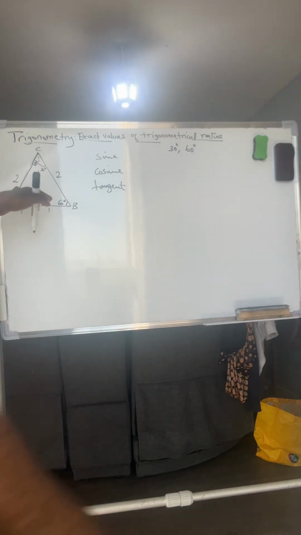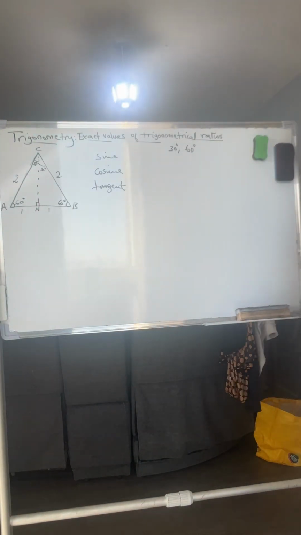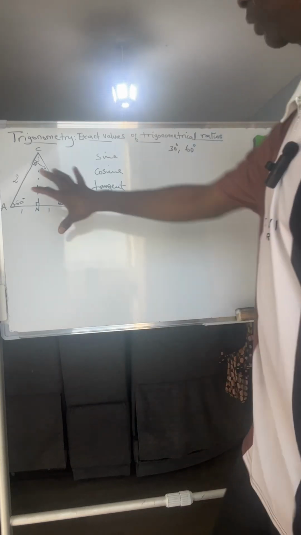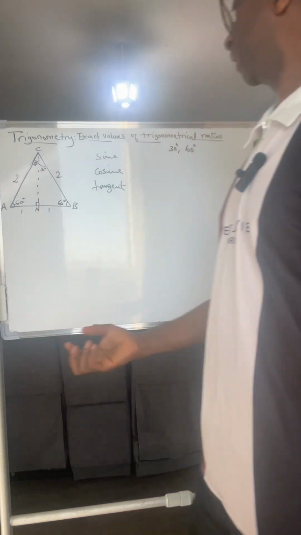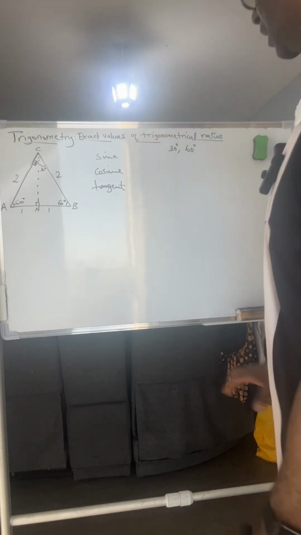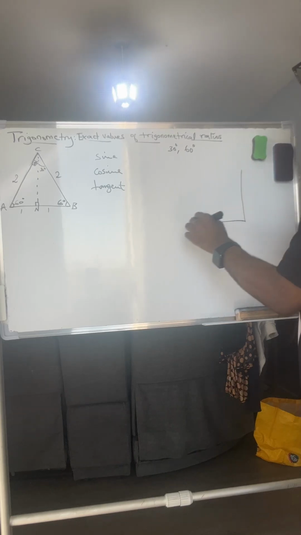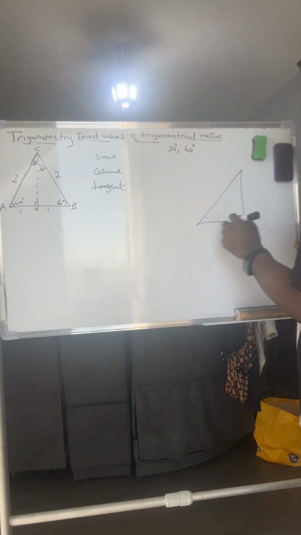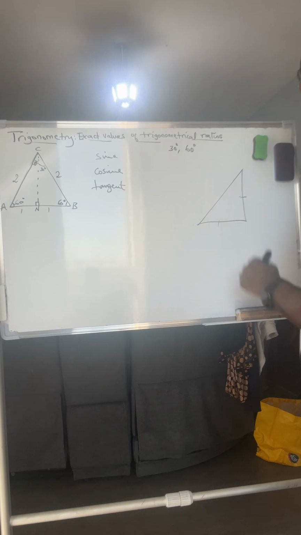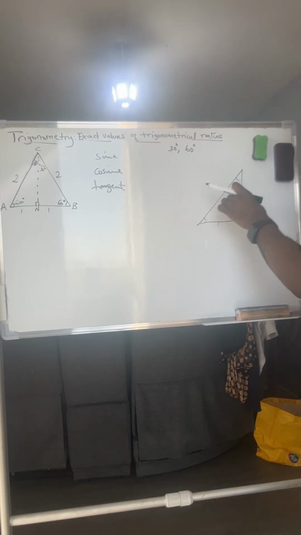But because this is an equilateral triangle, you cannot get a 45 degrees angle here. That's why we're going to look at the next triangle, which is an isosceles triangle wherein the two sides are equal. This and this will be equal, and if this is 90 degrees, the sum of the angles inside this triangle must be 180 degrees.